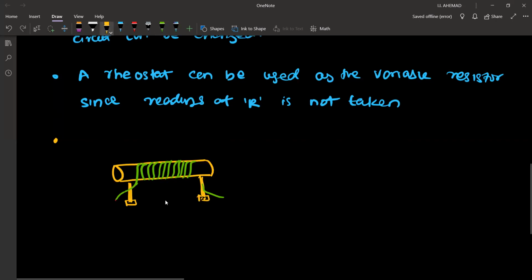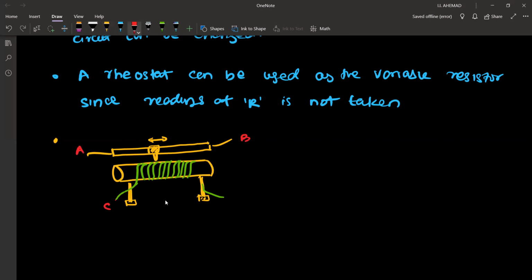And then we have another connector on top. So this can move. In a rheostat, there are several connections we can make. So A, B, C, and D.